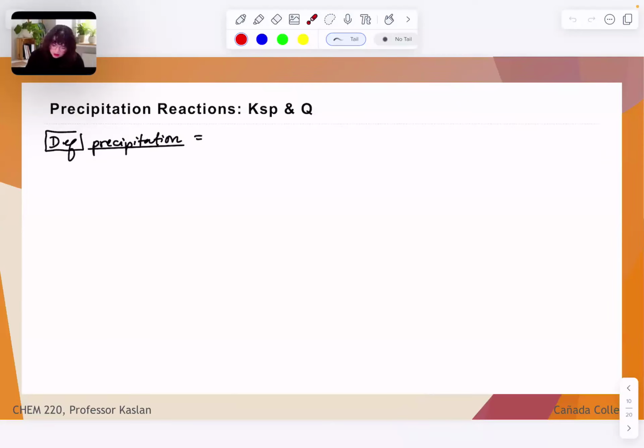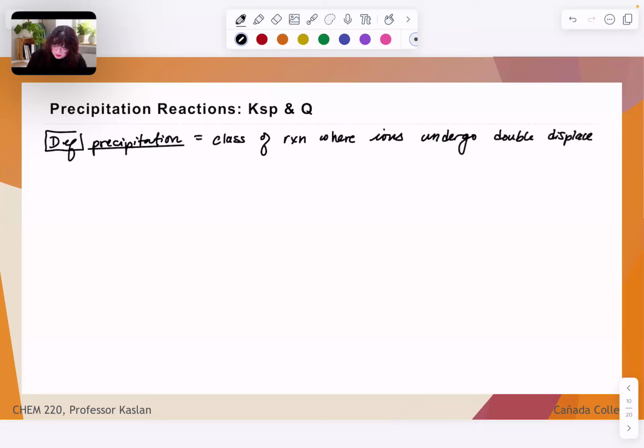Recall from Gen Chem 1, precipitation is a class of chemical reaction where ions undergo a double displacement and form a solid product as a result. So this is innately a reaction between two aqueous salt solutions that are then mixed.